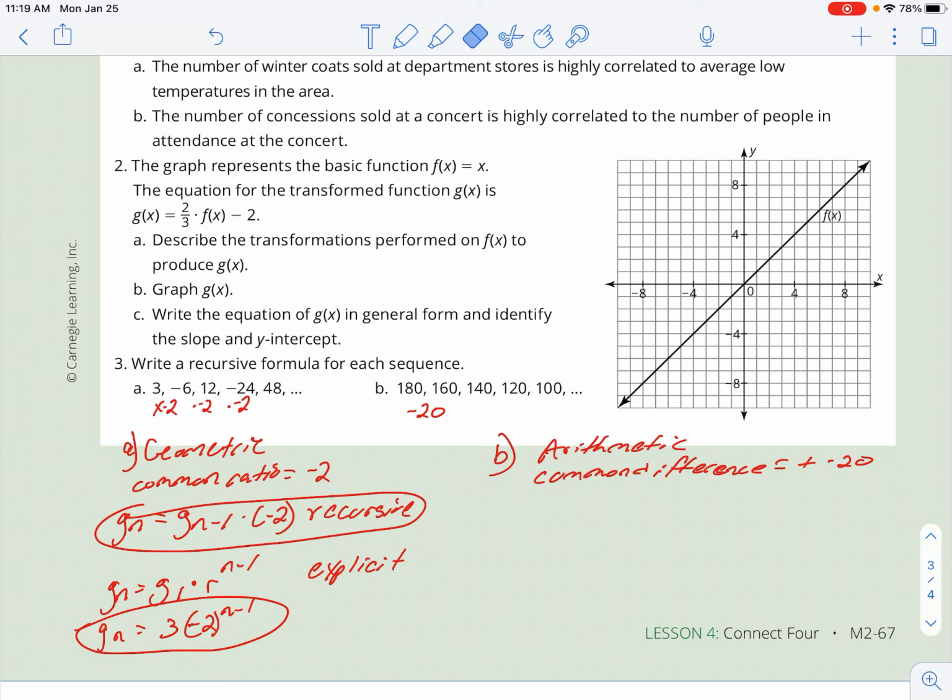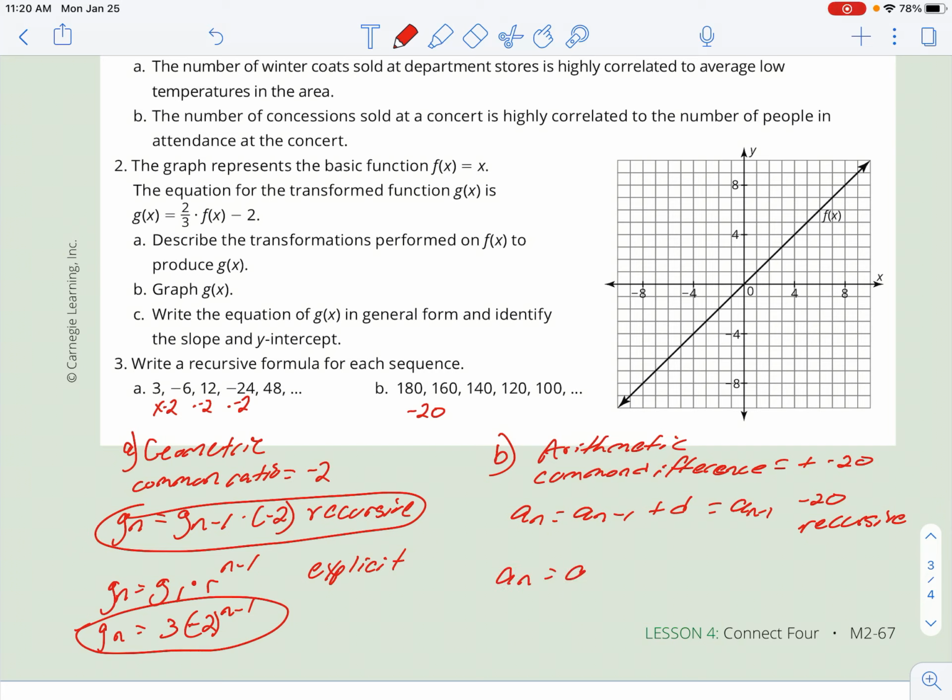Now again, they want the recursive, so the recursive one looks like this, where D is representing what we have, and we just keep adding a -20 onto there. Now, that is, again, the recursive formula. So just keep taking your terms and keep subtracting 20 off of that, okay?